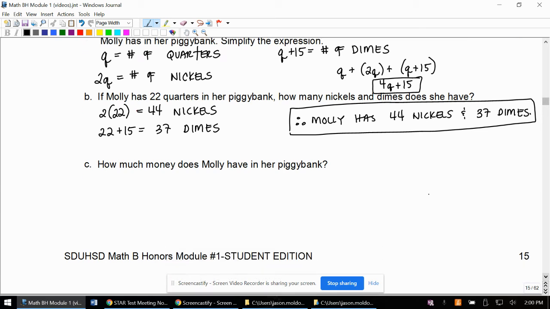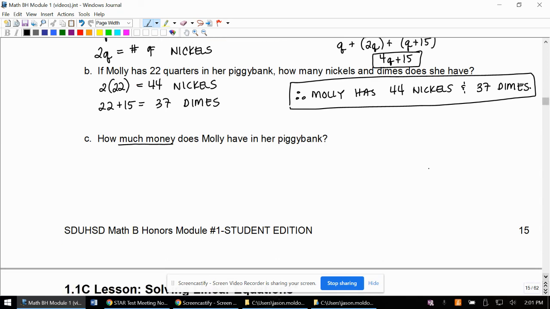How much money does Molly have in her piggy bank? Well, think back to coin problems in 7th grade. And we know that there is a little secret to this. You might even pause the video and try this. If you've given this some thought, now unpause the video. There is sort of this little secret, which you do know in the back of your mind.